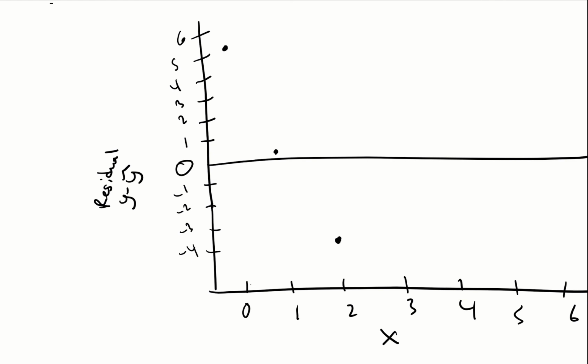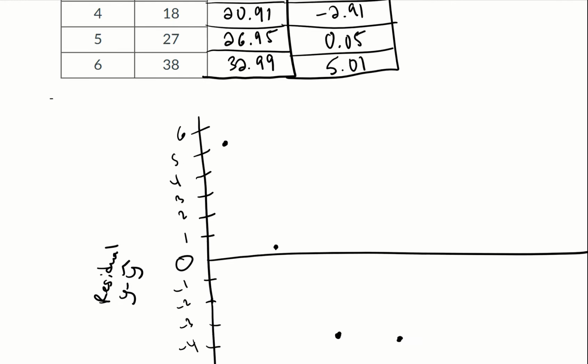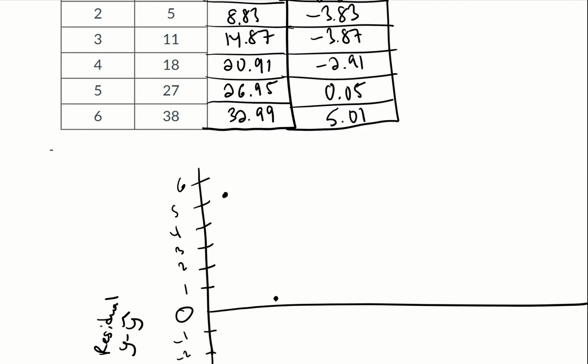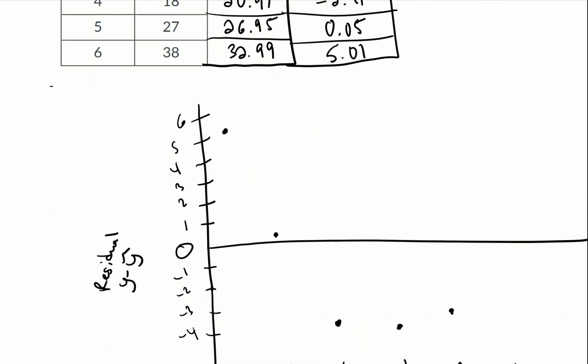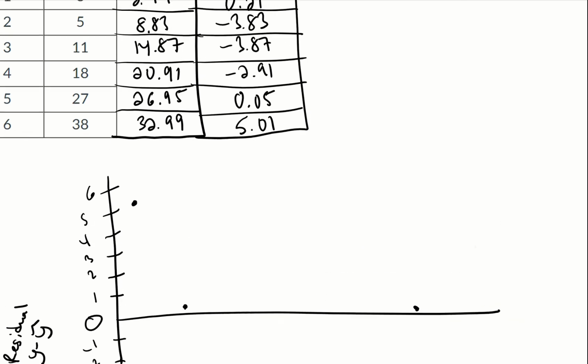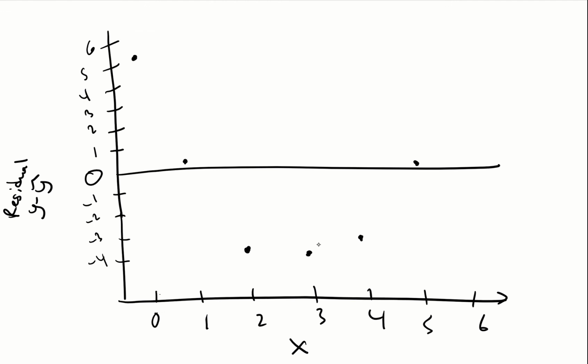Negative 3.87, so just a little tad lower, not really by much. Negative 2.91. 0.05. And about 5.01. So a little bit over 5. So about 5.